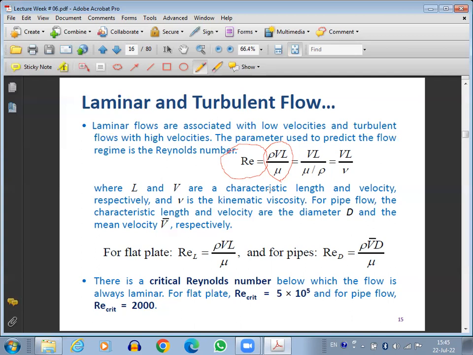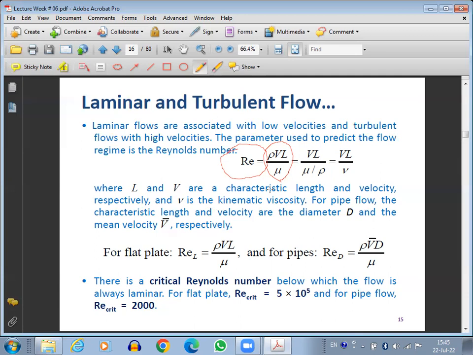We can say that those for which the velocity is high, their Reynolds number is high, so probably they will be turbulent flow, but not necessarily. Even there are flows for which the velocity is very high, but still they are laminar. Why? Because maybe the other factors are such that the overall Reynolds number is less. Sometimes there are flows which are very slow in motion, but in reality they are turbulent.